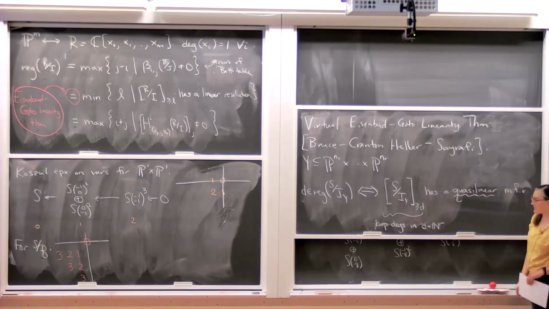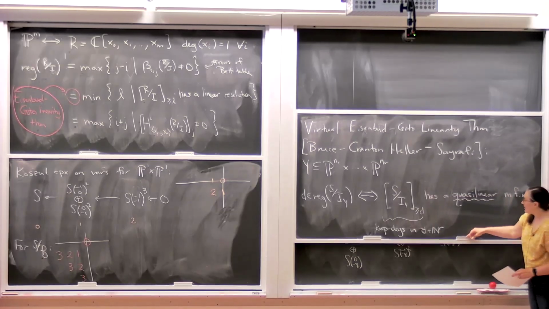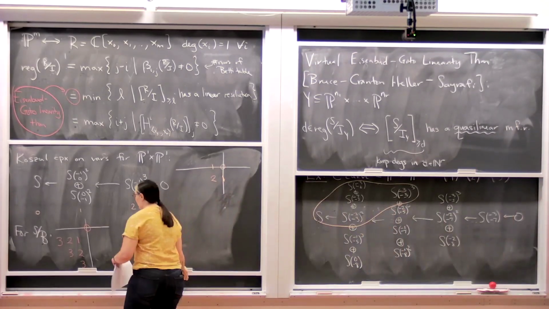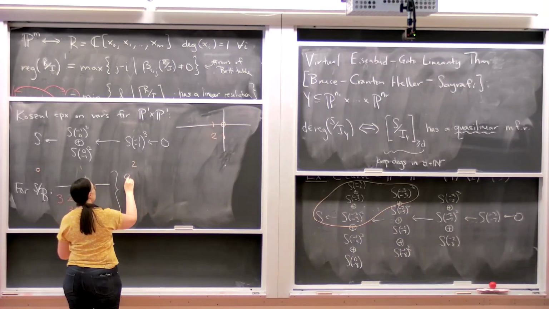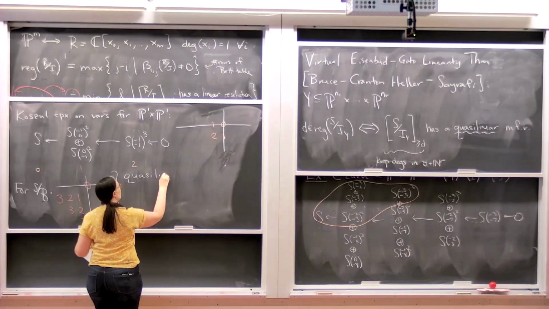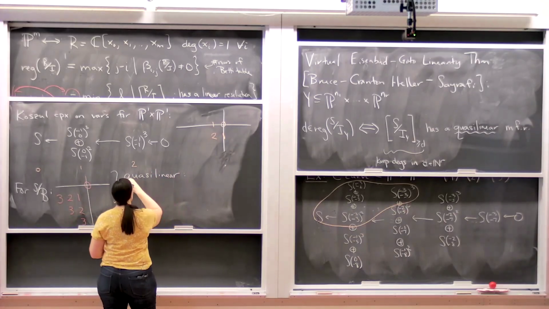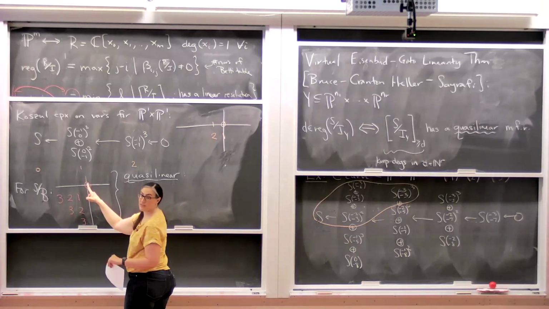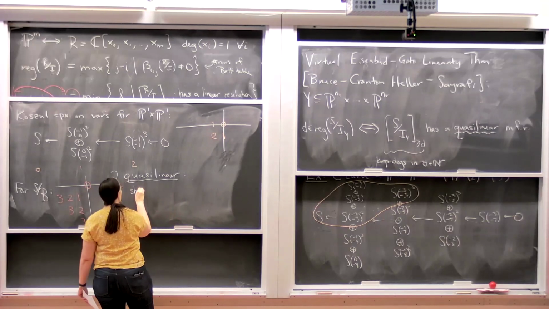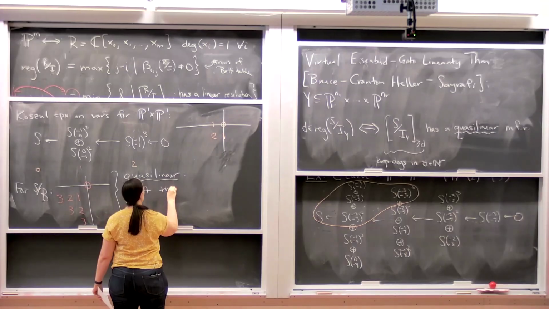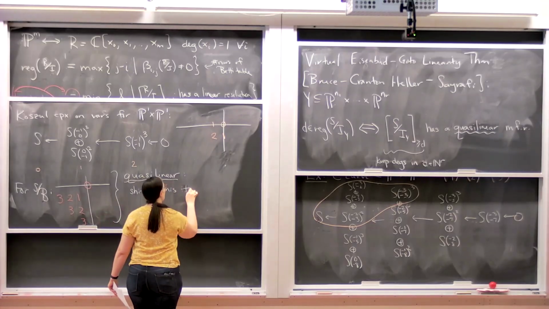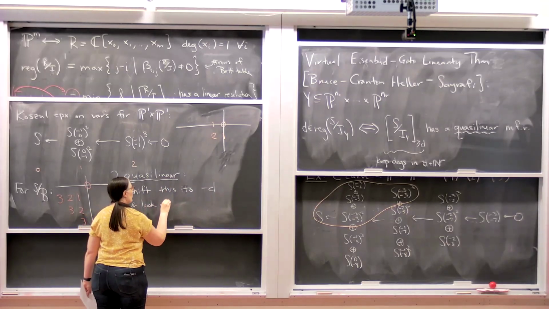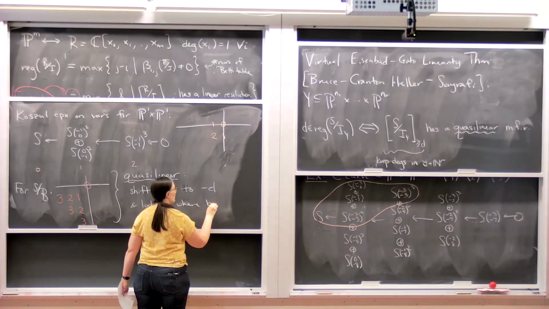And I need to tell you what this means. I'm going to leave this up and I'm going to write it here where there's more space. And I have this. All right, so quasi-linear. What I want to do is shift this diagram so that 0 lives at minus D. So shift this to minus D and look at where Betti numbers occur.